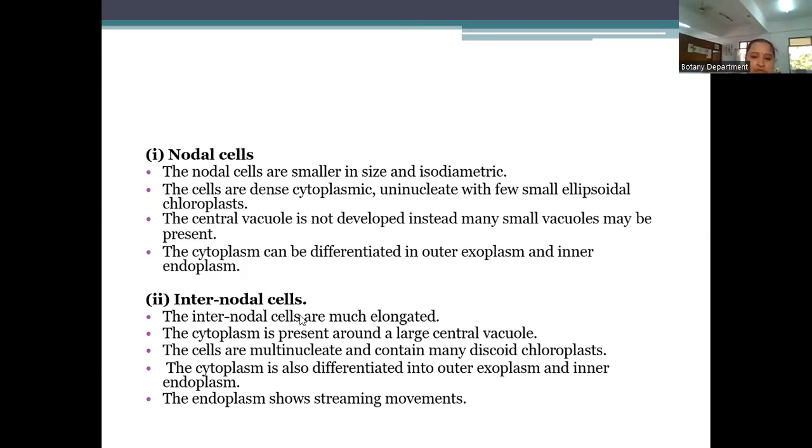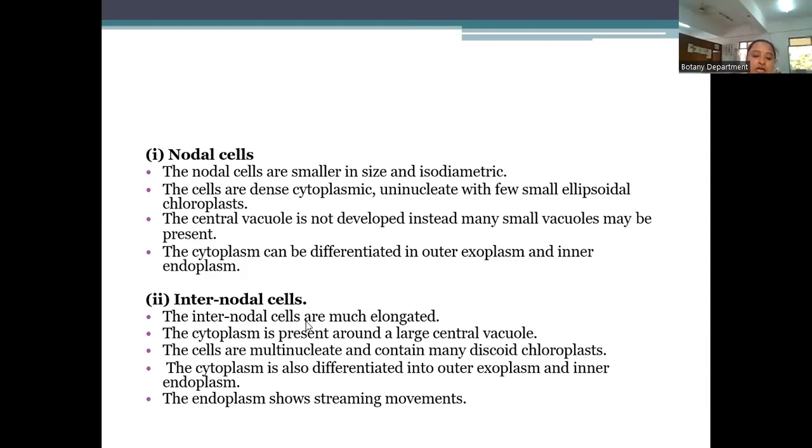Coming to the second one, internodal structure. Internodal cells are very long with a large central vacuole and several nuclei, compared with the nodal cells. They have several nuclei and many discoid chloroplasts in well-defined longitudinal series.